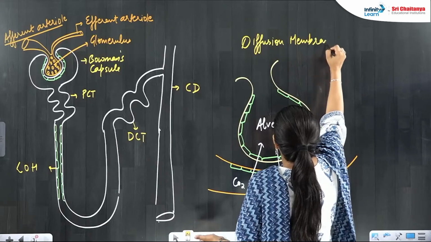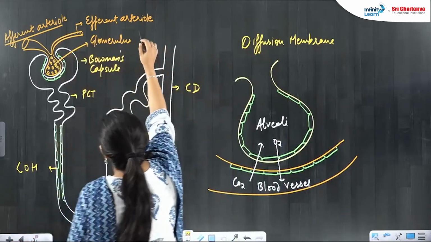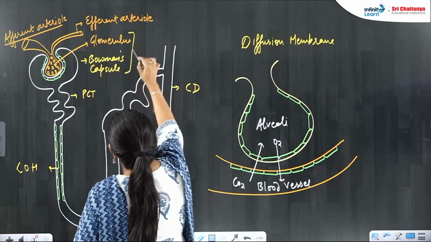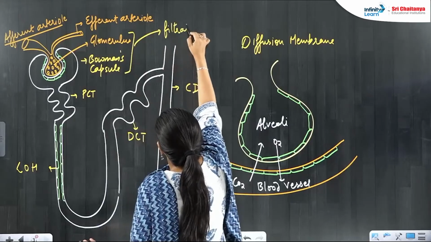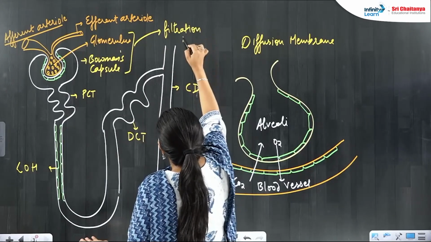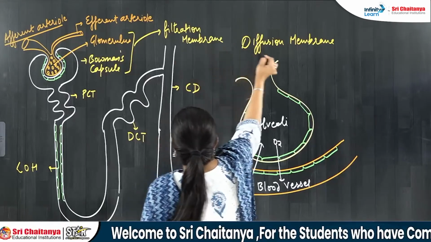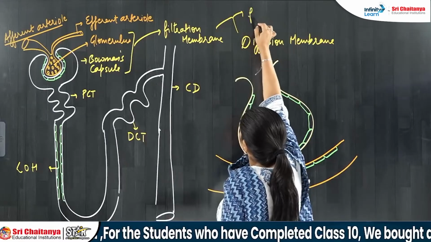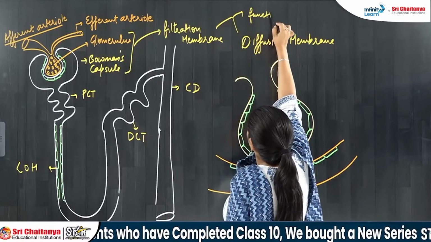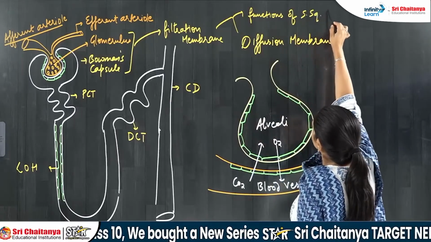Okay. And here we are talking about the filtration membrane. Here in the glomerulus and Bowman's capsule, it is forming the filtration membrane. So these are the functions of simple squamous epithelium, beta.